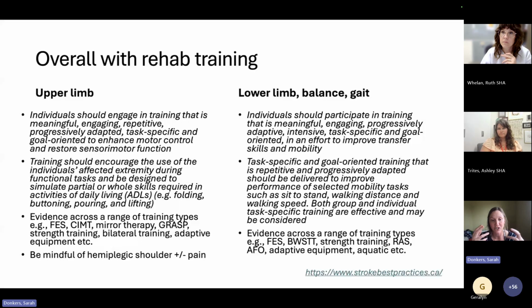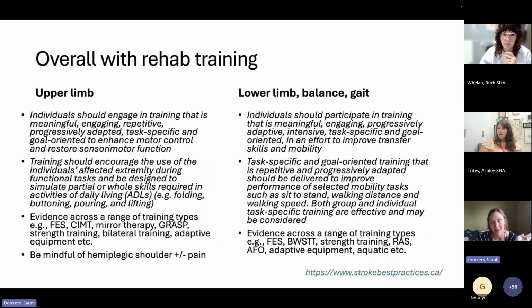So if we're taking that function first, challenging, task-specific approach, there's so many different ways to get there. And with some patients, it works best with FES. Other patients, you can try more strength training, or you need to use adaptive equipment. The reality is that often you're using multiple of those different interventions to get that challenging task practice.